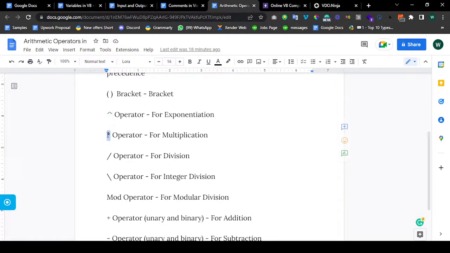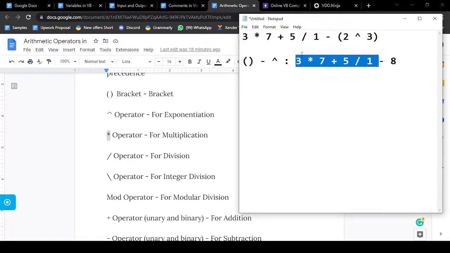Now it's time to tackle the multiplication. So where is the multiplication? This is the multiplication over here. So the multiplication, 3 times 7 is what? 21. So this will be 21 plus 5 divided by 1 minus 8.